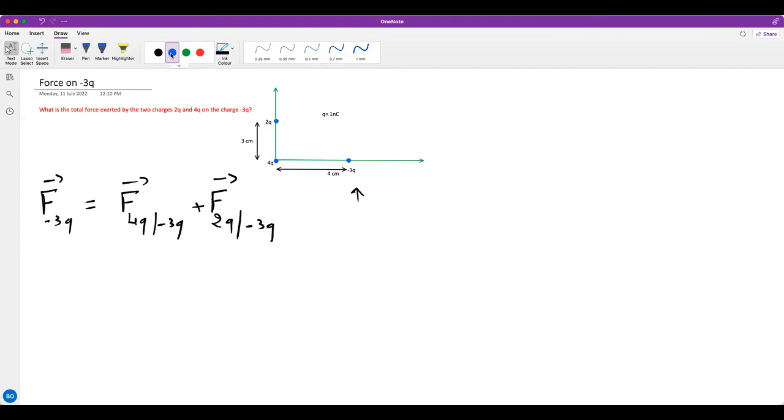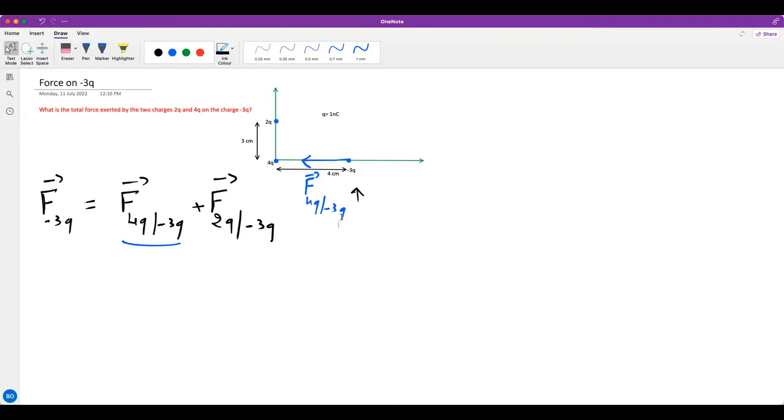Let's first draw the force exerted by 4q on minus 3q. It is going this way because the two charges have opposite sign, so they will attract each other. So minus 3q will tend to move to the left.